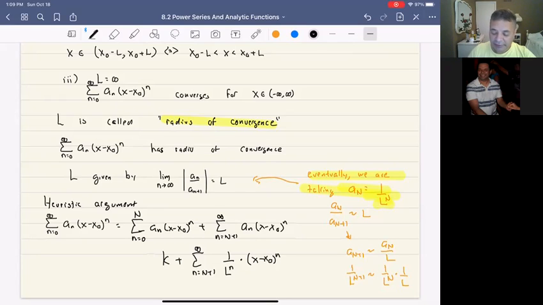So now, if x minus x0 is small enough, this basically is like a geometric series.